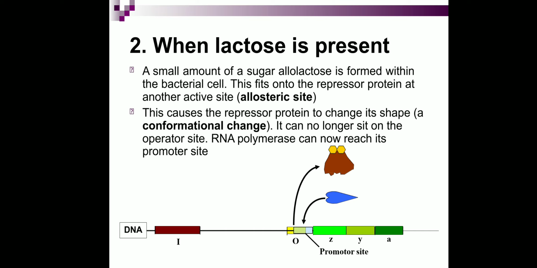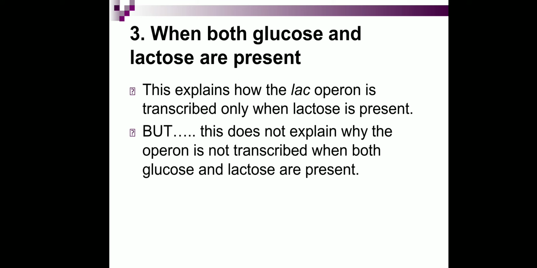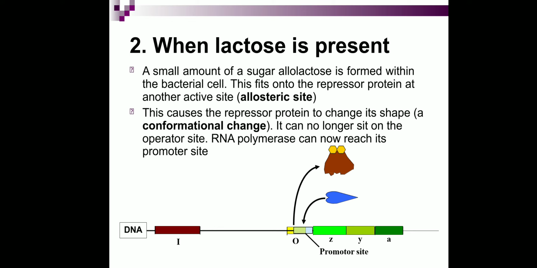This fits on the repressor protein at another active site. This causes the repressor protein to change its shape, a conformational change. It can no longer sit on the operator site. RNA polymerase can now reach the promoter site.